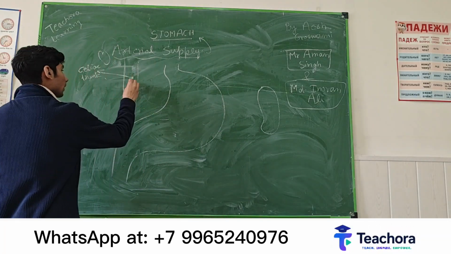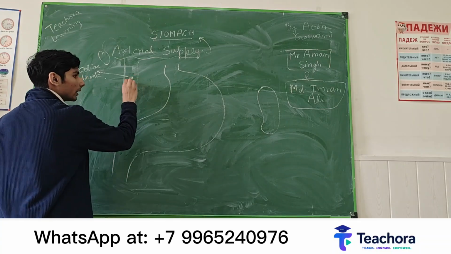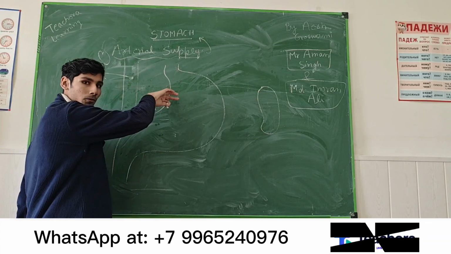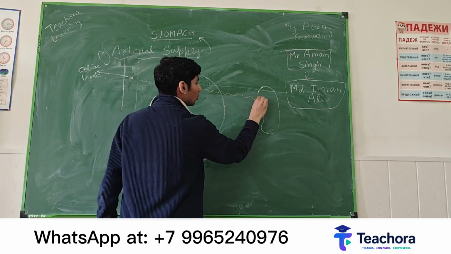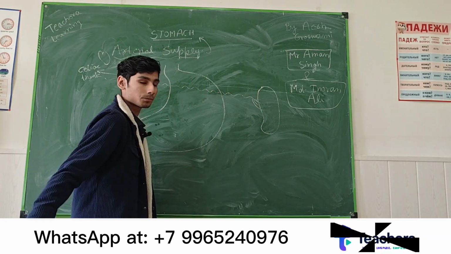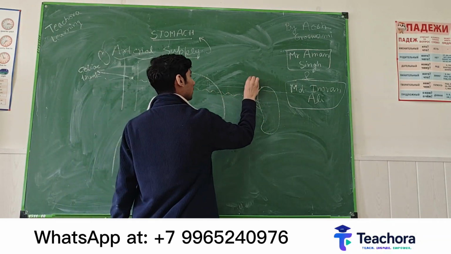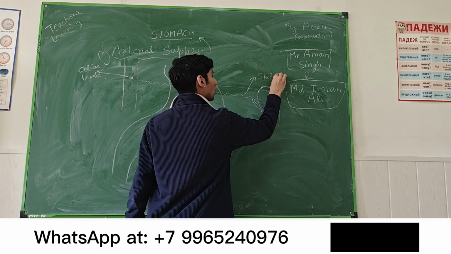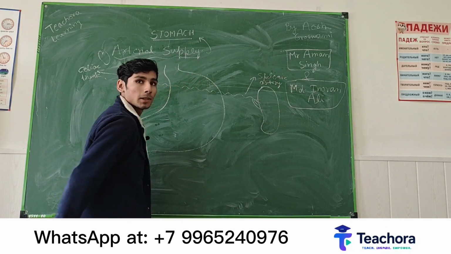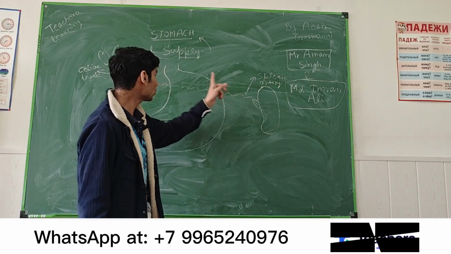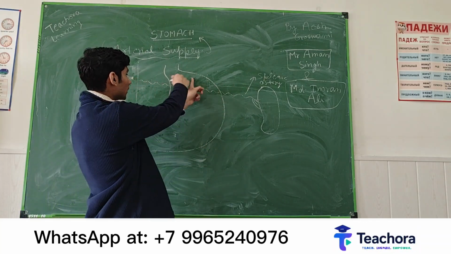So let's talk about one branch of the celiac trunk. One branch goes directly to the spleen from the back of the stomach. I will make it like this. Okay, this is the spleen, it goes as the splenic branch. So from the celiac trunk, one artery comes, the splenic artery, and from the splenic artery, as you know, this is the fundus, this is the body.